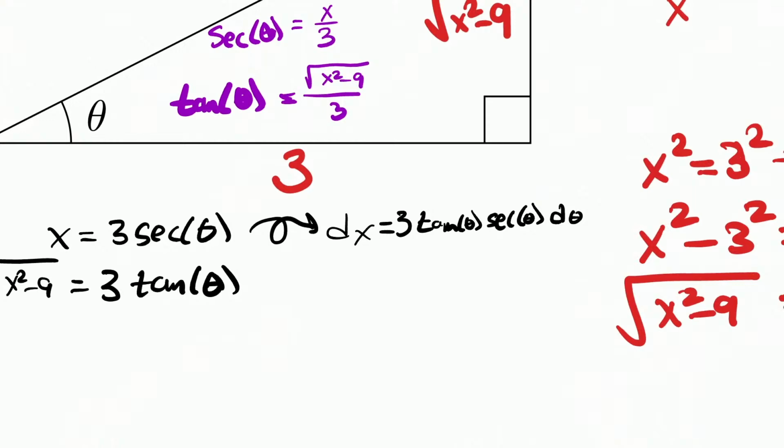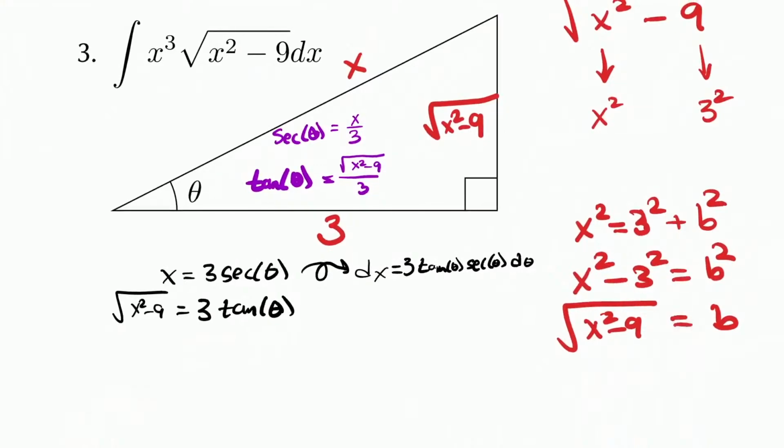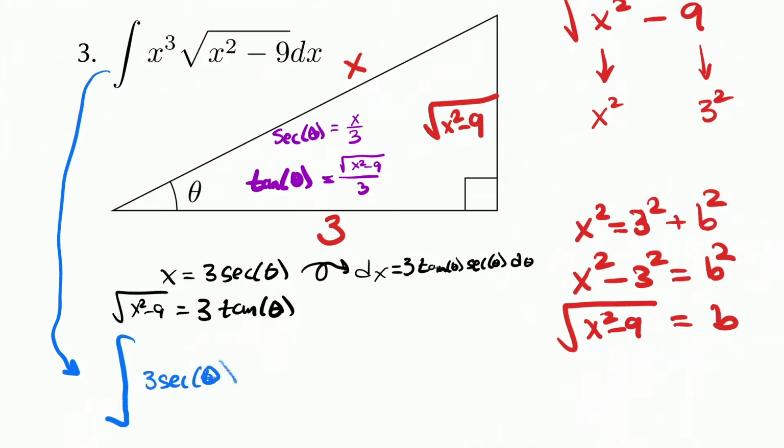Okay, so now let's just put this all together. So going up here, bear with me as I try to copy everything down. So up here, that becomes the integral of 3 secant theta cubed times 3 tangent theta times 3 tangent theta secant theta d theta.